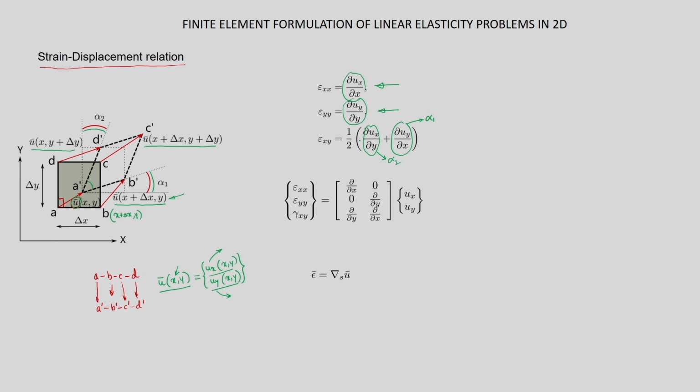Half of this sum denotes the shear strain epsilon xy. This we have learned in solid mechanics. Now these three strain components we have written in a column vector, by substituting gamma xy as twice epsilon xy. We all know gamma xy is called the engineering shear strain.